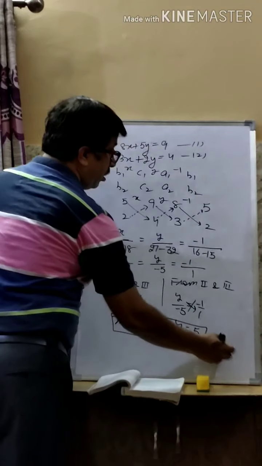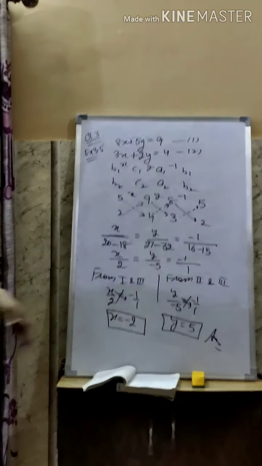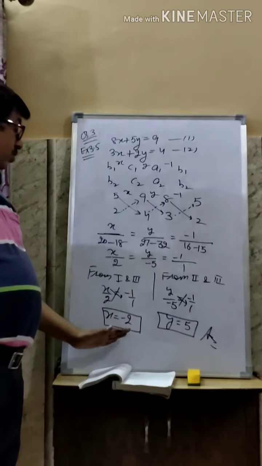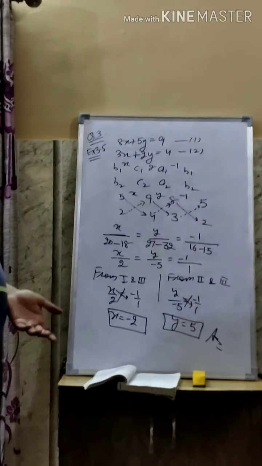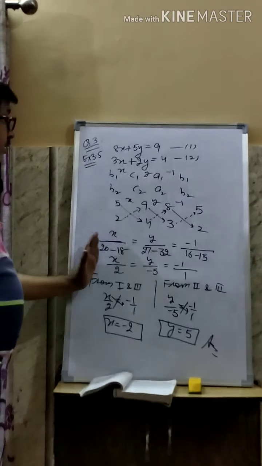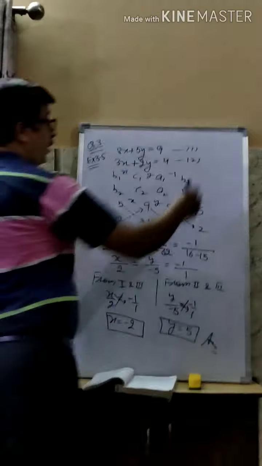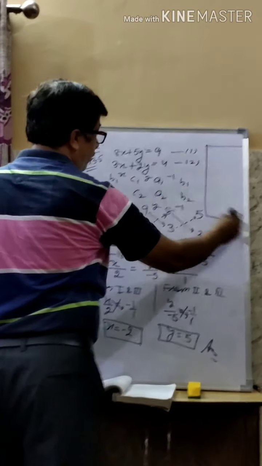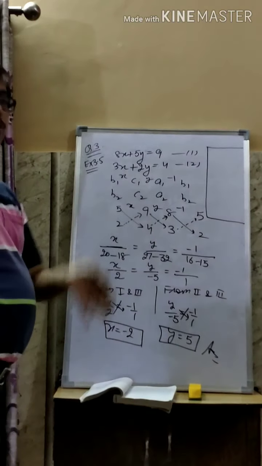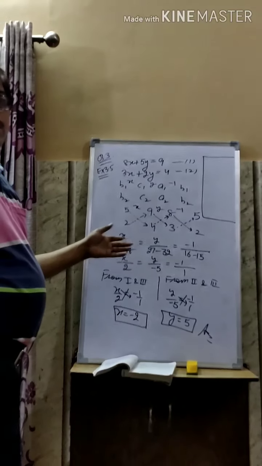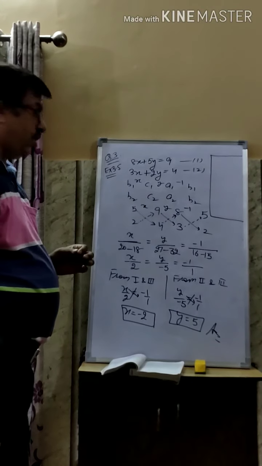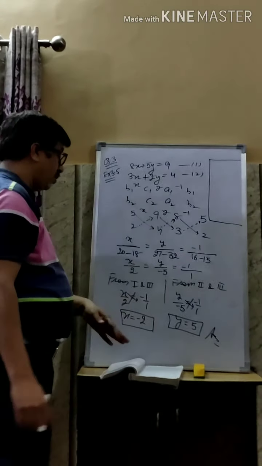So this is the answer. But in the board exam, if you are doing like this, you are getting the answer. And in the board exam, the statements are different, they will not give the same statement from NCERT.